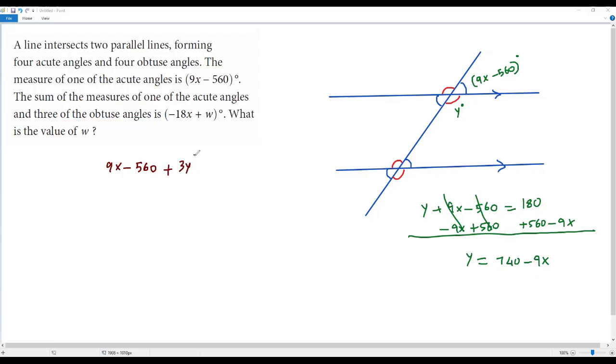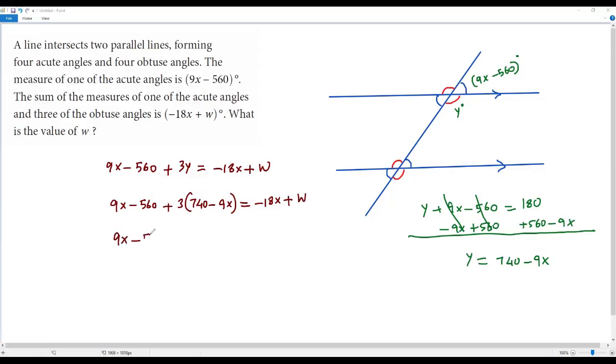When I add them, it gives the sum, which is equal to this angle, −18x + w. Already we have solved for y in terms of x as 740 − 9x. We can plug this in for y over here. Then we have 9x − 560 + 3(740 − 9x) = −18x + w.